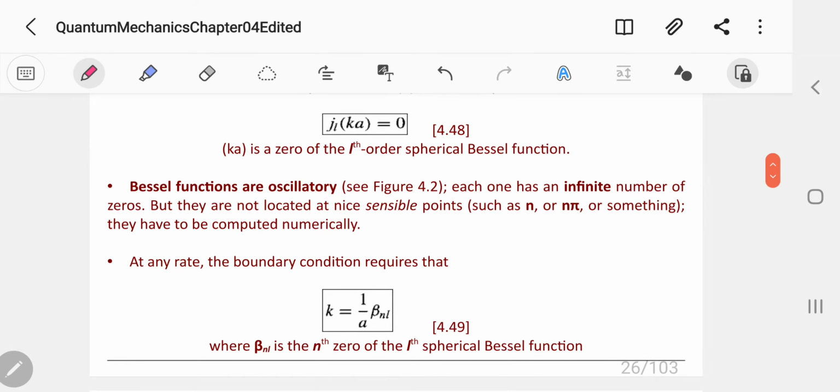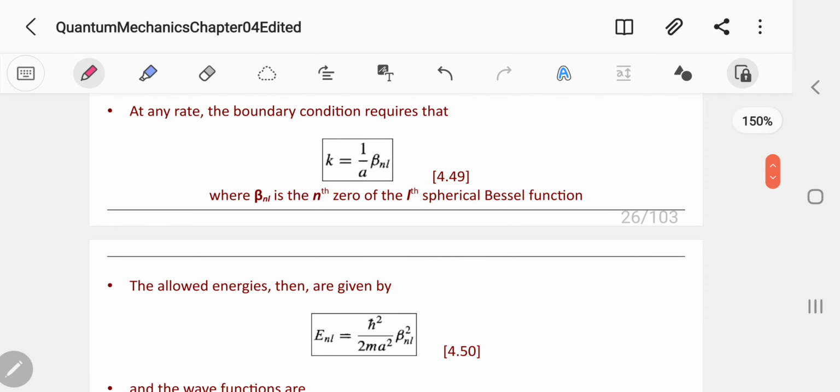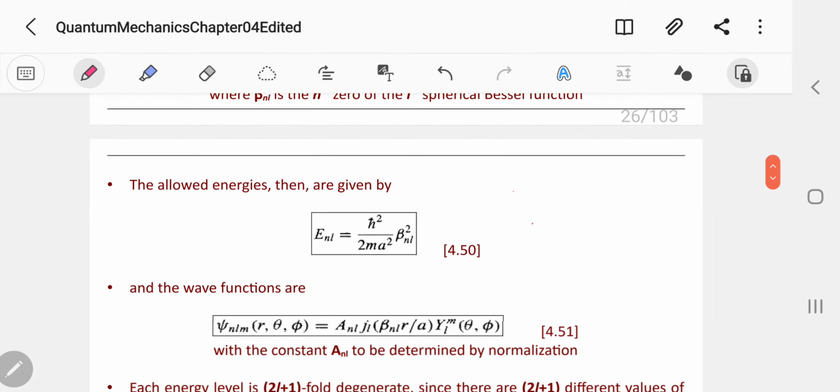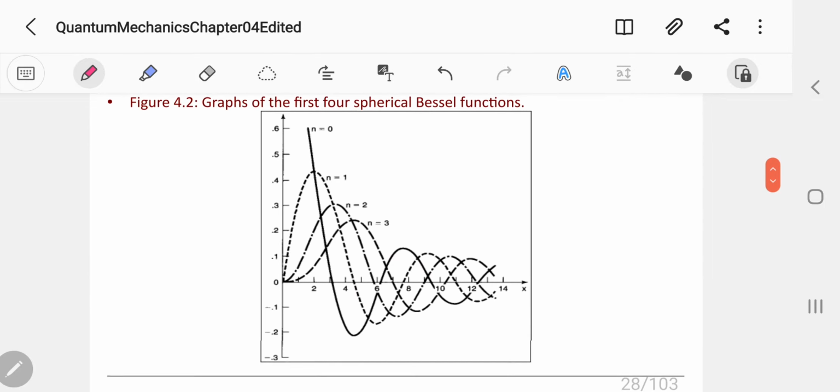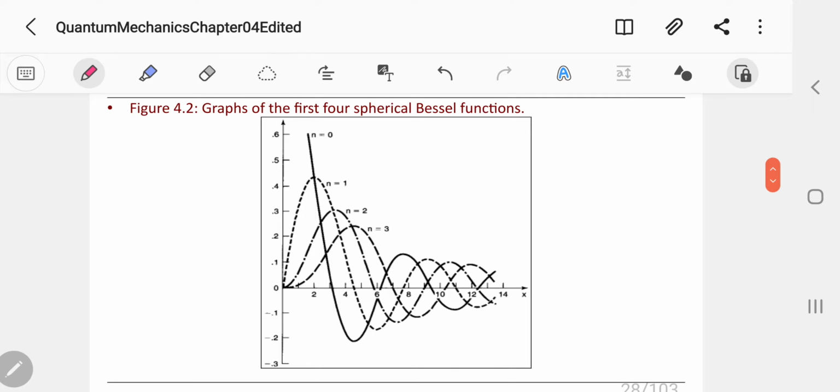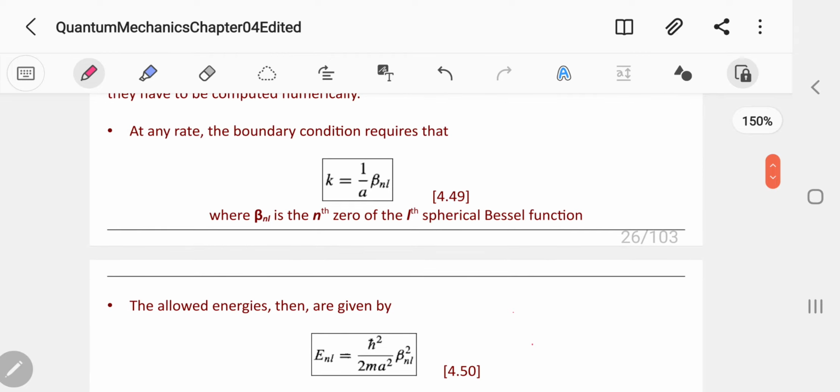So here, Bessel functions are oscillatory. If we take a look at figure 4.2 here, it's oscillatory, but the amplitude is getting smaller towards infinity.